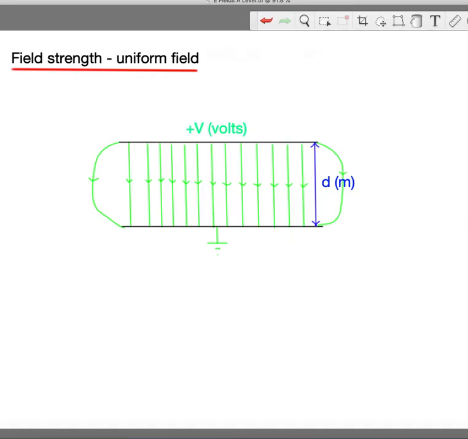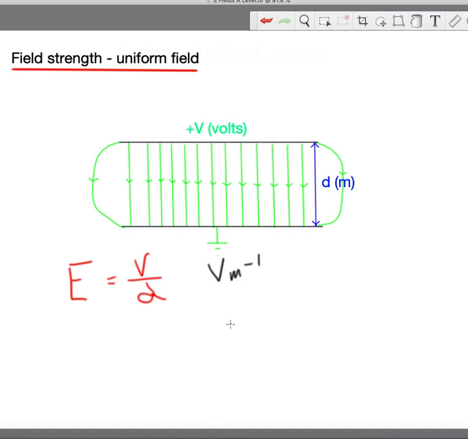So our field strength here, using the same symbol as before, field strength, is V divided by d. And that, of course, the units of that, volts per meter.